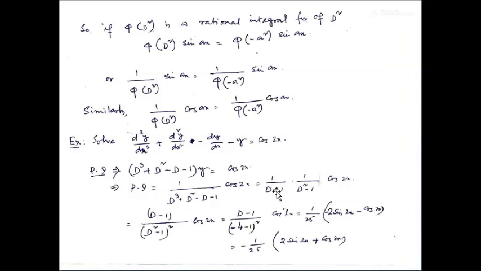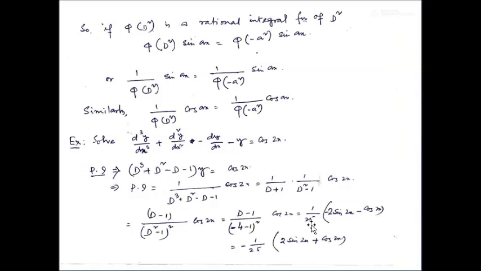Now you can just multiply (D minus 1) at the denominator and the numerator of this expression. So this will be (D minus 1) into 1 by (D square minus 1) whole square into cos 2x. So I can get D square here. So put minus 4. So this will be (minus 4 minus 1) whole square.